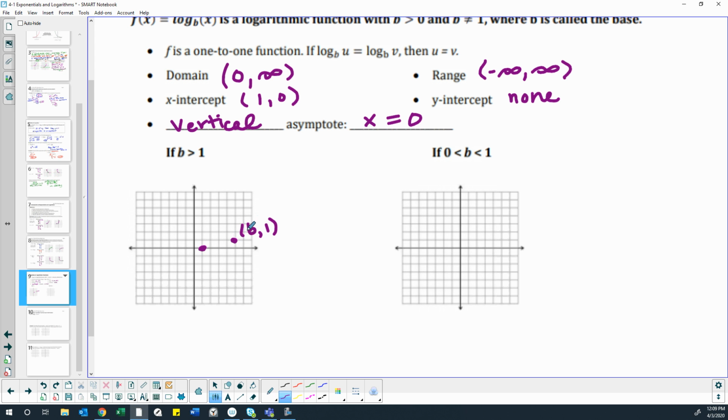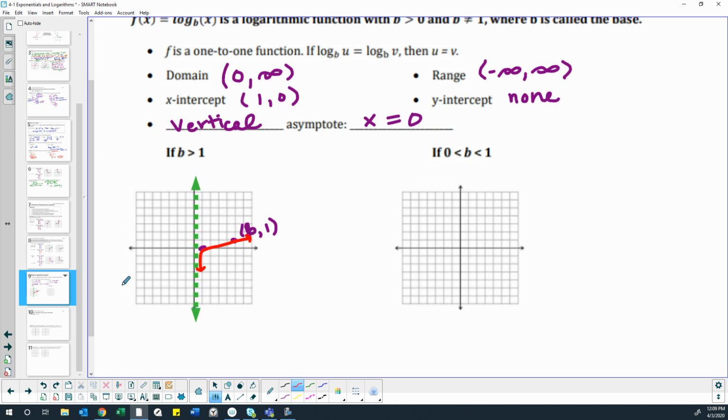So whatever your base is, you go over the base and up 1, and that gives you another point for your graph. Then we have our asymptote at the y-axis here. So our graph will follow approximately like this. Okay, so that's if b is greater than 1.